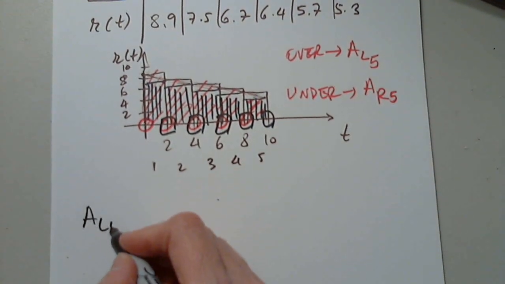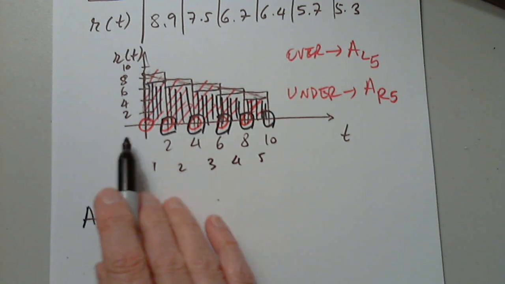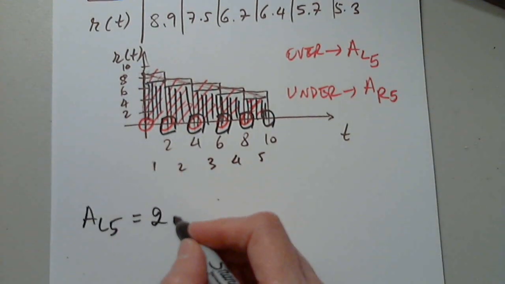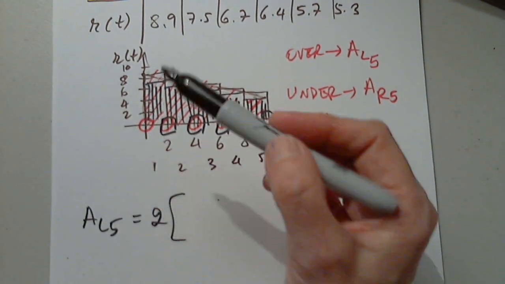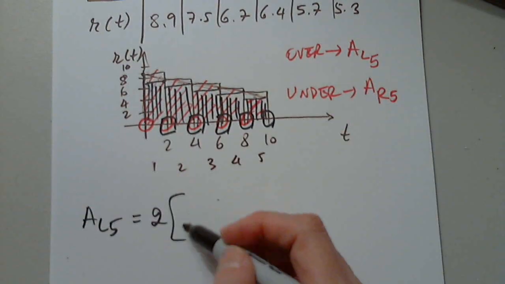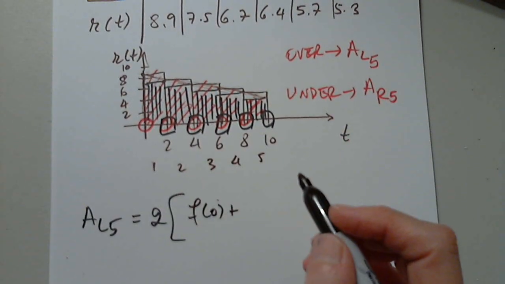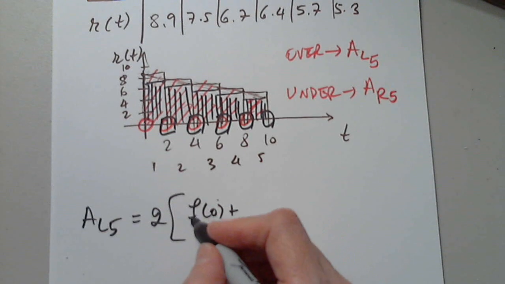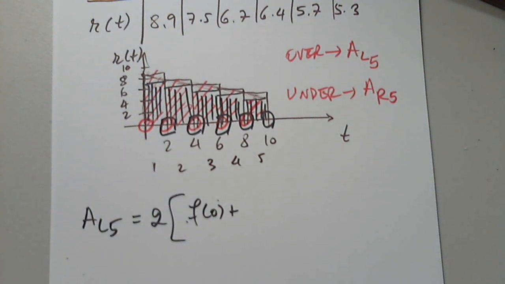So AL5 will be delta x, which is 2 for all, 2 base times height, R of 0, sorry. Everything is f in my mind, but this is R, so I have to use R. It doesn't matter.